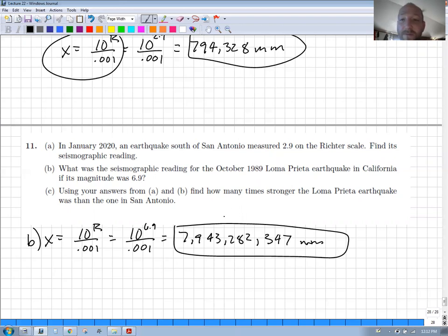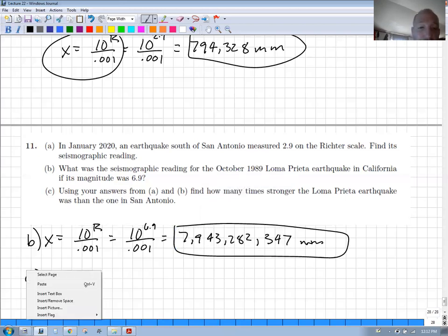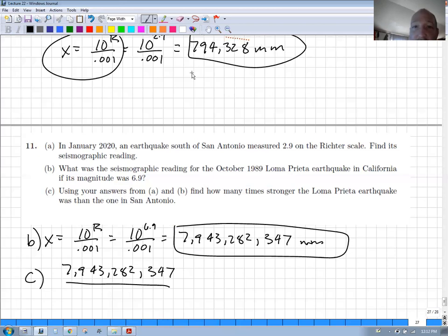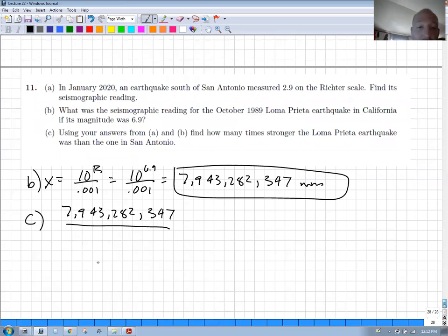So from A and B, find out how many times stronger the Loma Prieta earthquake was. All right, well, let's take this and divide it by this. And let's see what we get. That divided by 794,328.